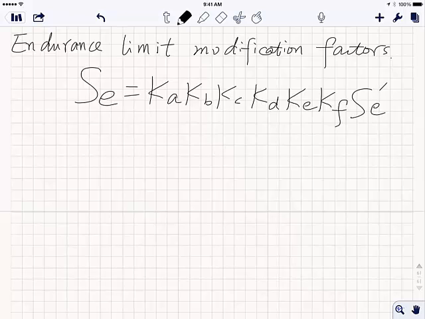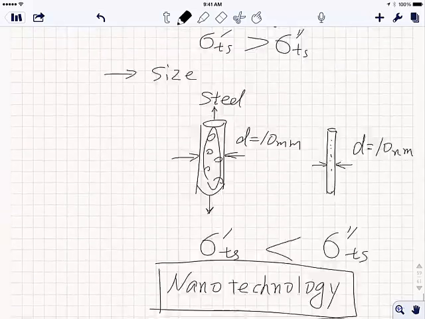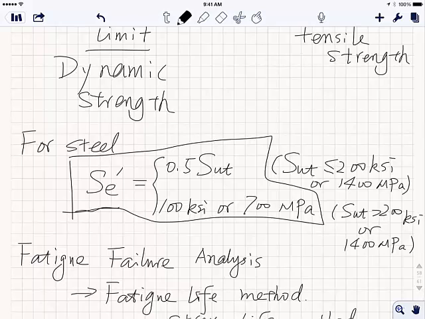We know this, this is how we defined it in the beginning of the class. This is the endurance limit, SE prime, and the modified one is SE, with the factors Ka, Kb, Kc all the way to Kf. Remember SE prime? We can have a quick estimation of SE prime using the equation in this box: SE prime equals half of SUT, or equals 100 or 700, depending on your static tensile strength.